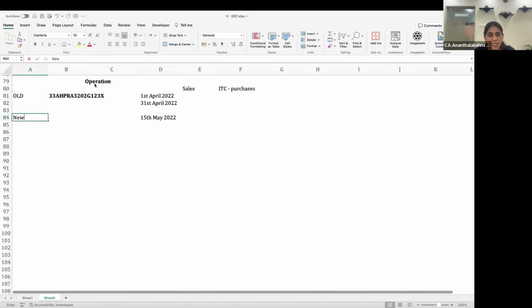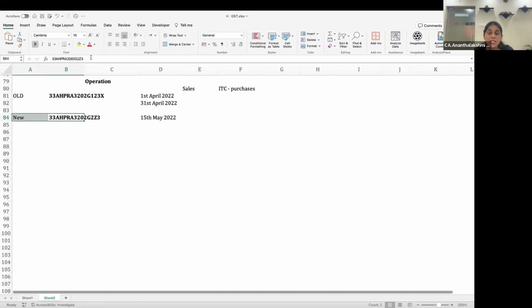Once the new GSTN number comes into picture, it will have the same PAN; only the number at the back changes. The first two digits are the state code, so that will not change. For example, it is a 15-digit number, so only part of this number will change. After this period, you will be doing all transactions with the new GSTN number.